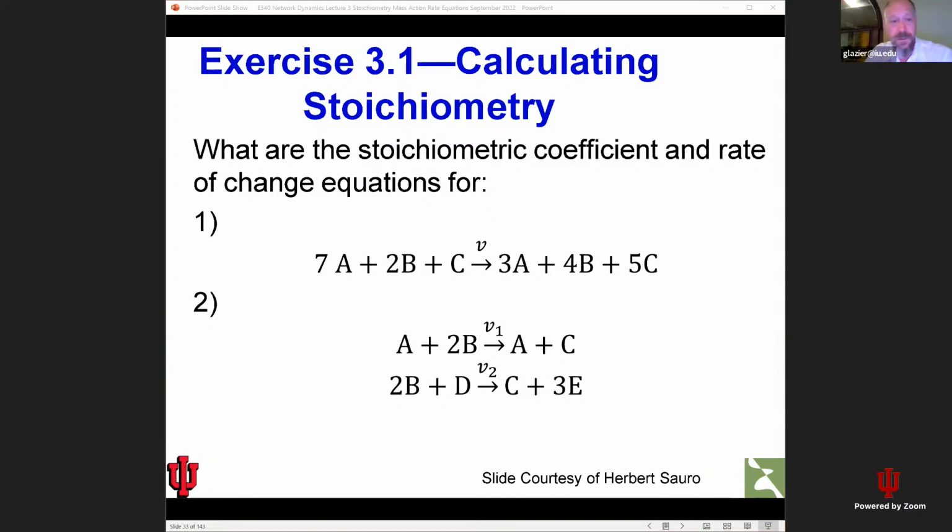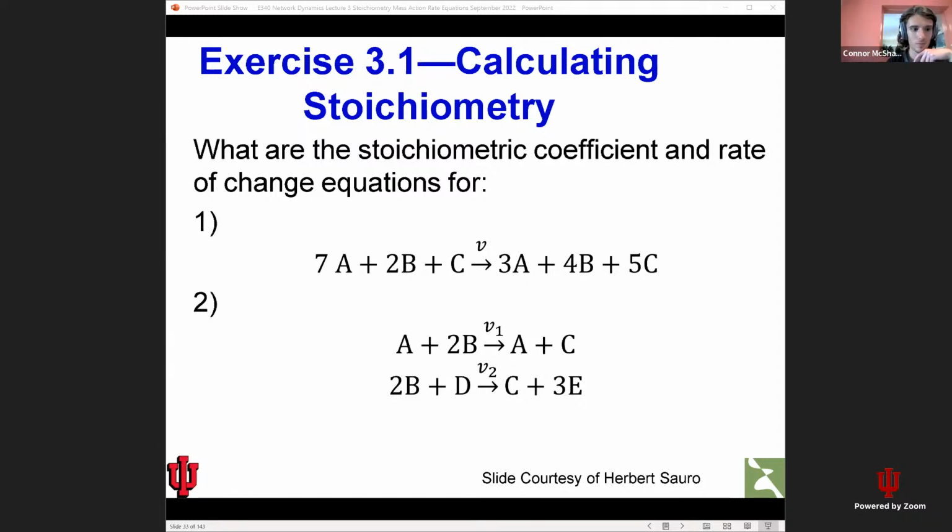So let's look at the first one together. What is the species stoichiometric coefficient for A in number 1? -4.